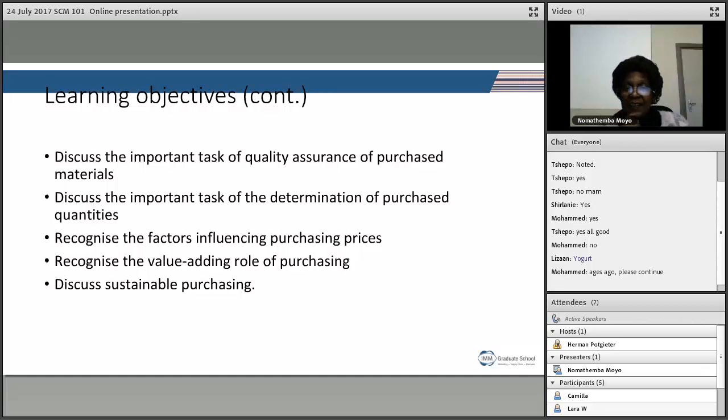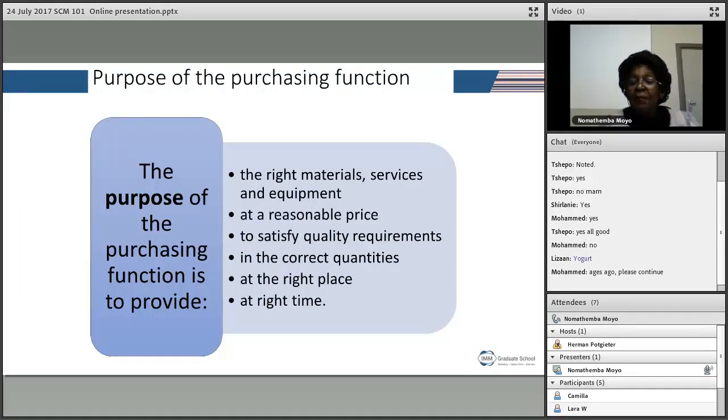Discuss the important task of the determination of purchased quantities. Recognize the factors influencing purchasing prices. You remember I said you are going to look at pricing later. Recognize the value-adding role of purchasing. Then discuss sustainable purchasing.